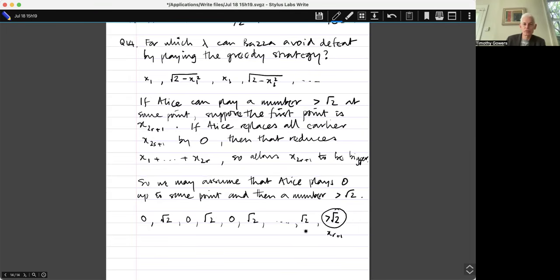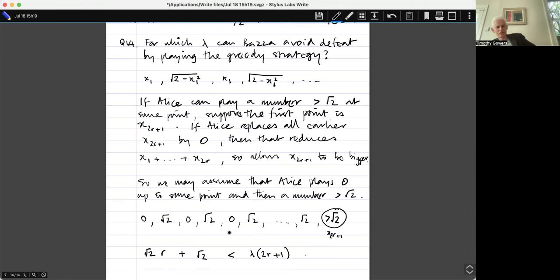So the condition on x2r plus 1 is that, so we've got r root twos, plus x2r plus 1, is strictly smaller than lambda times 2r plus 1.